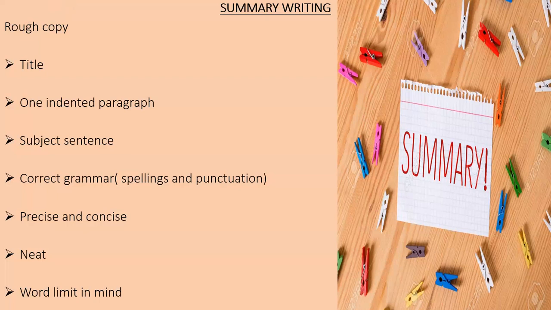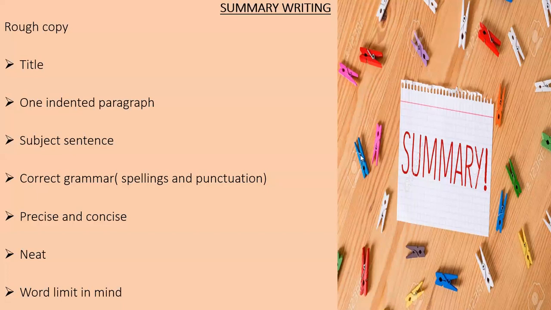For example, if the question says, in not more than 100 words, summarize the causes of poverty, or summarize the causes of diseases amongst children. That is exactly how you're going to phrase your title. A summary on the causes of diseases amongst children. So you really take the question word for word, okay?